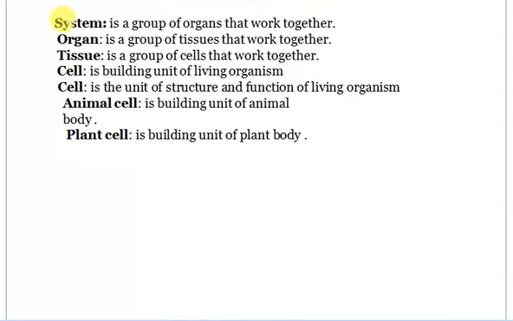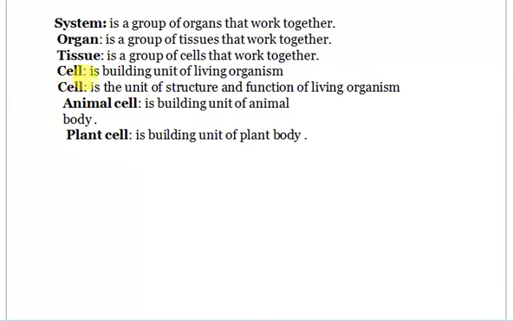We can define the system: a group of organs that work together. Organ is a group of tissues that work together. Tissue is a group of cells that work together.